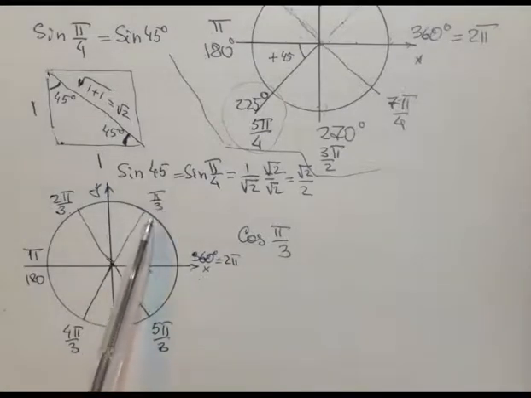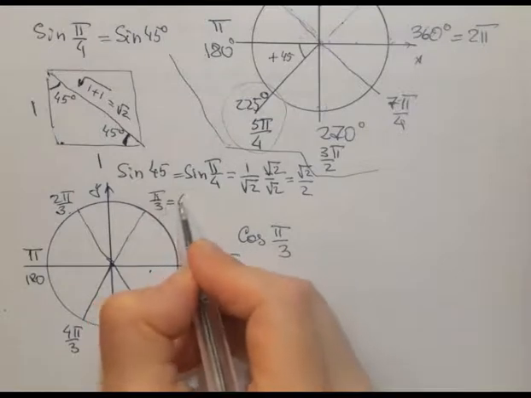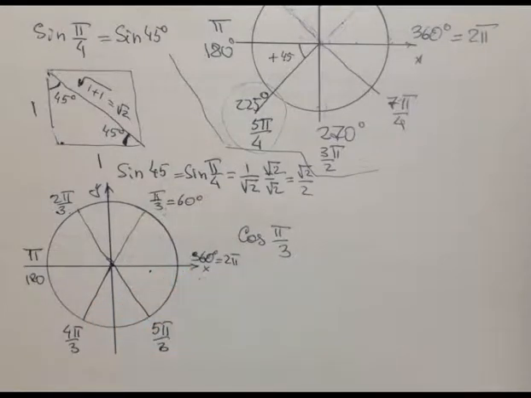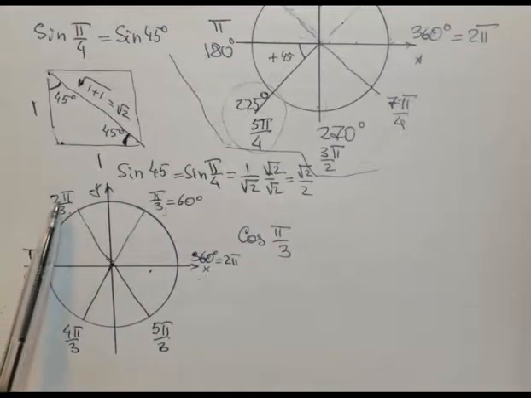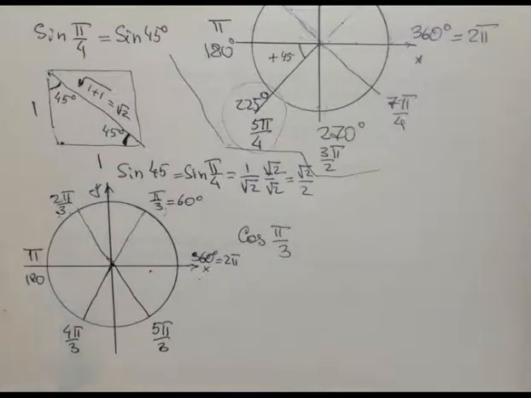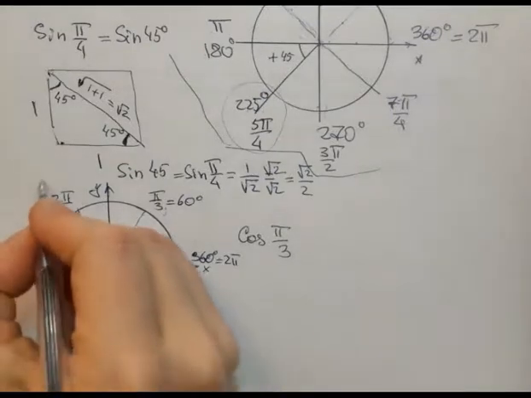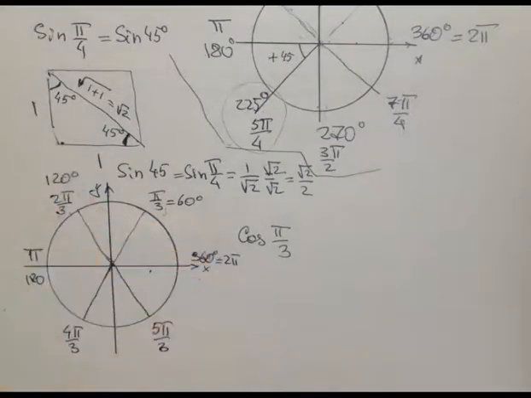Pi over 3 is 180 over 3, or 60 degrees. 2 pi over 3 is 2 times 180 over 3, 120 degrees. 4 pi over 3 is 4 times 180 over 3, or maybe it is easier, 180 plus 60.